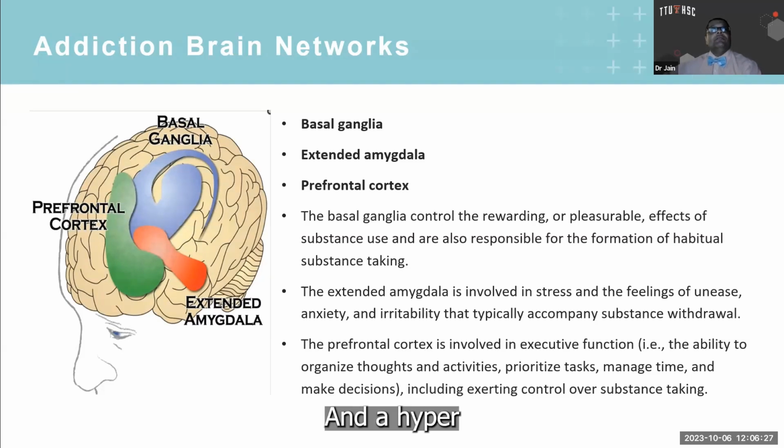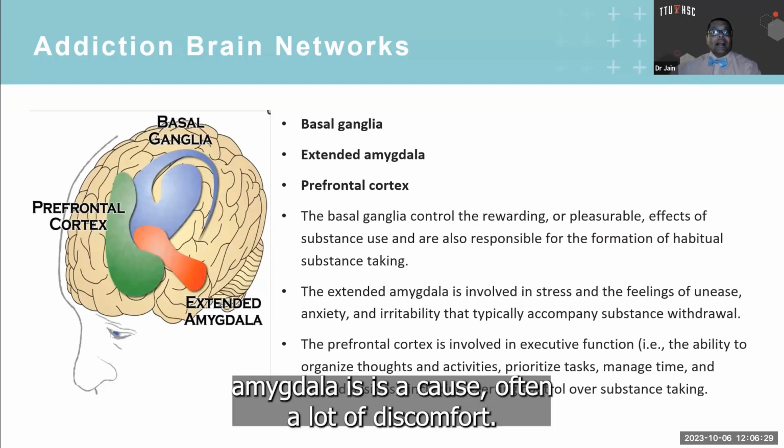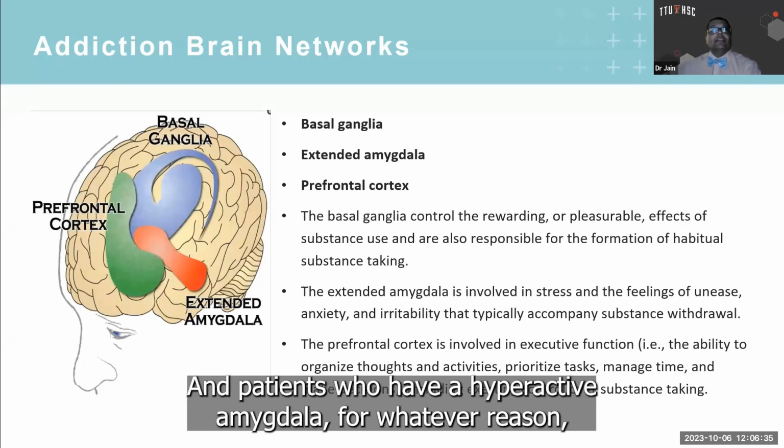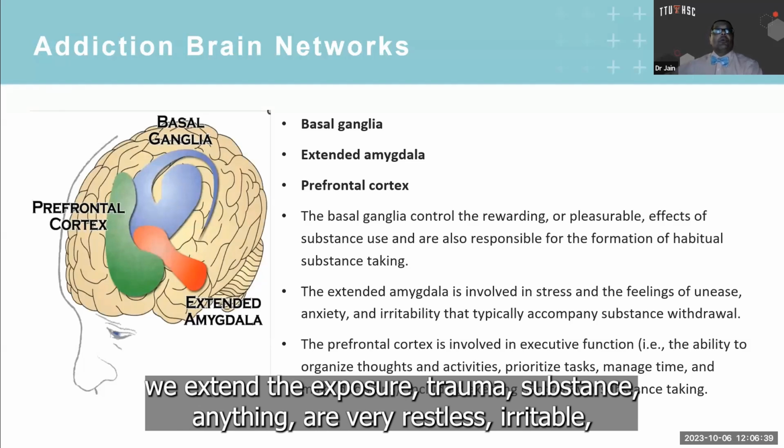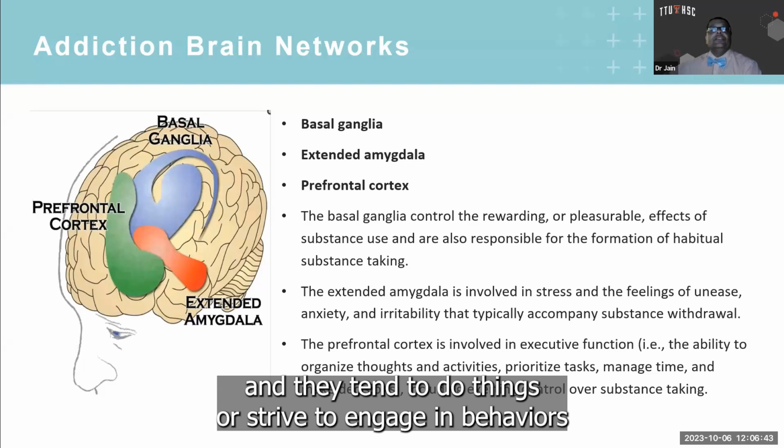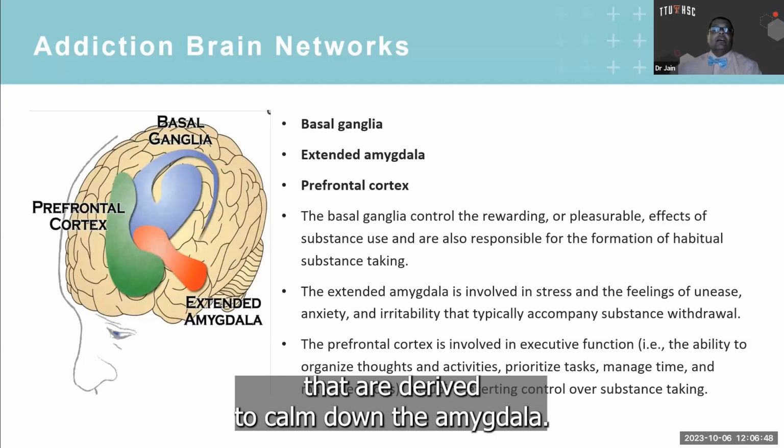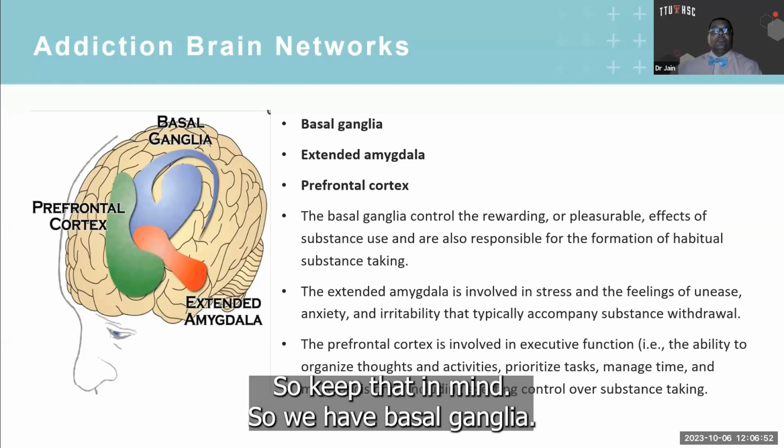A hyperactive amygdala is a cause of a lot of discomfort. Patients who have a hyperactive amygdala, for whatever reason, be it exposure, trauma, or substance, are very restless and irritable, and they strive to engage in behaviors that calm down the amygdala. So keep that in mind.